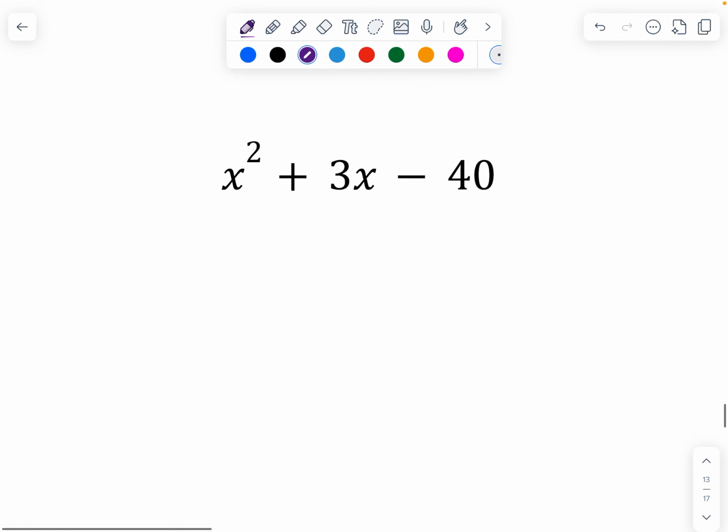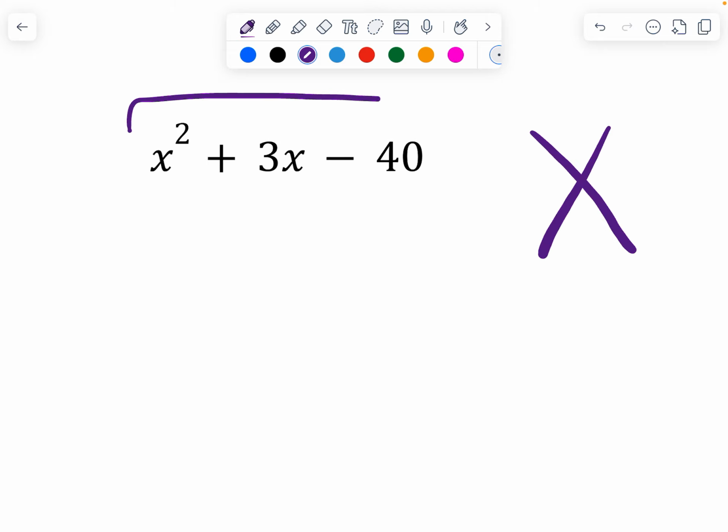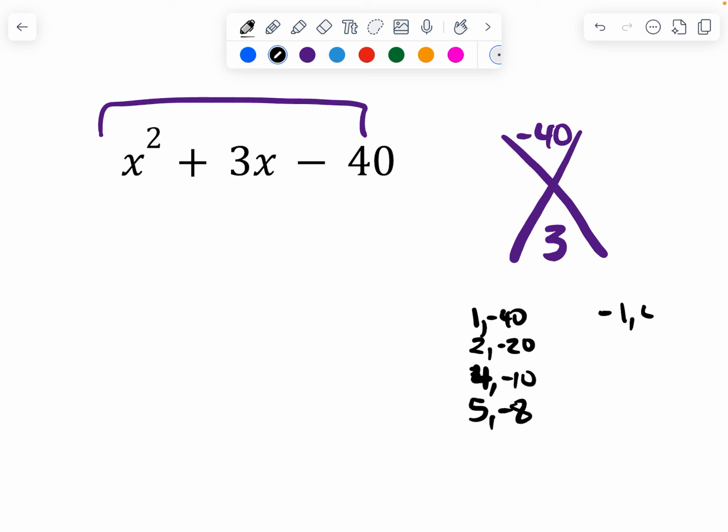Okay, let's come over here to this one. I'm going to multiply these two numbers together. I'm going to get negative 40, and they have to add to 3. So 1 and negative 40, 2 and negative 20, 4 and negative 10, 5 and negative 8, or the negatives of the first numbers.